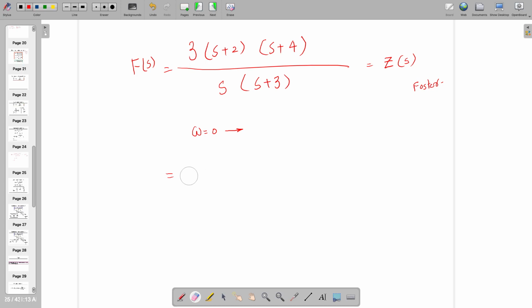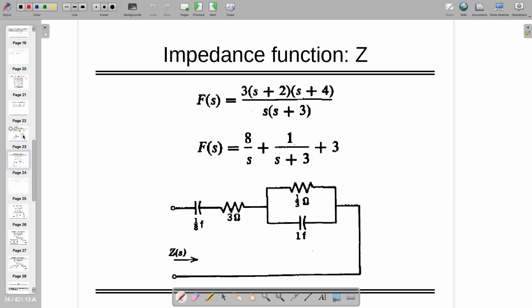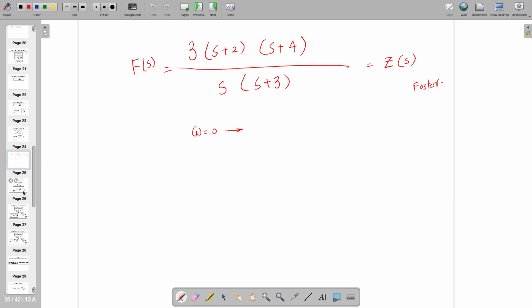Okay, so can you find out through the partial fraction? Can you find this out in your notebook? Or as suggested by this book, you can do this one also.